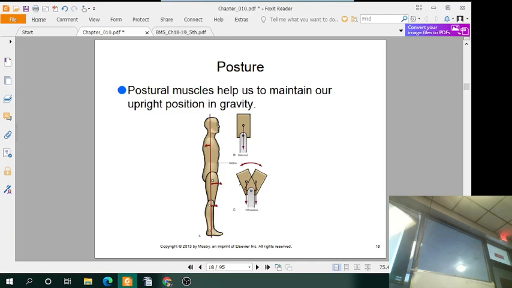When we're out of line, out of balance, certain muscles have to contract and pull to still keep us upright, even though we're no longer evenly distributed in weight. We have more weight on this side of the body. This is compressed.